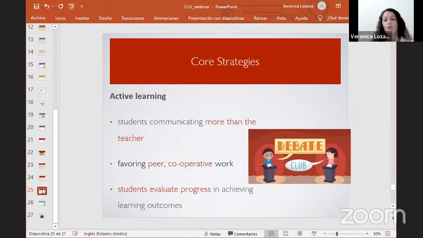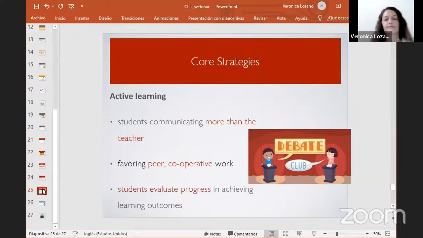So we need that, of course, because that would be the input. But what we want in the classroom is for students to be working and talking to each other, interacting with each other, right? So whenever you plan your tasks, bear in mind that they are created for the purpose of interaction.